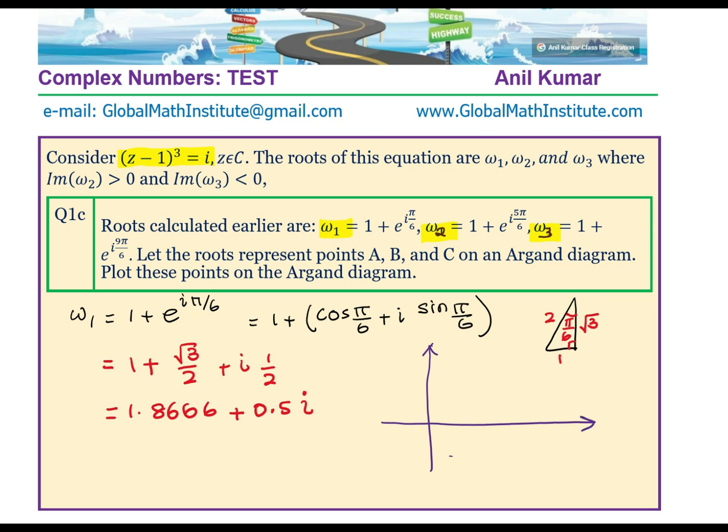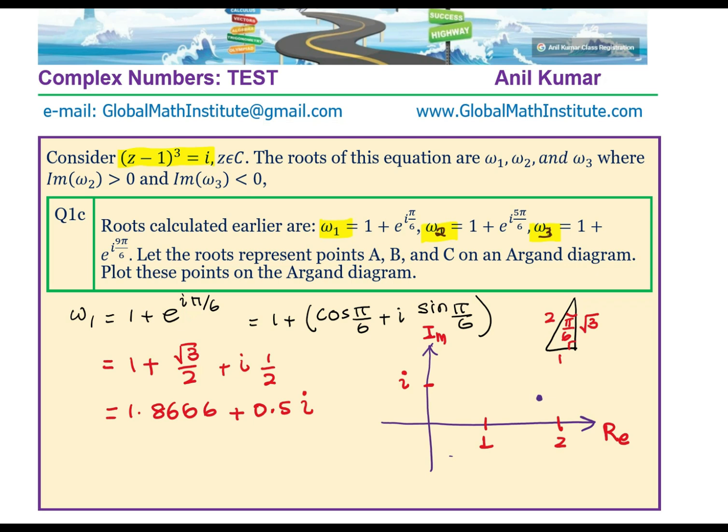So let us say the scale is, this is 1, 2 on the real side, and on the imaginary part, let's say this is our i. So 1.866 is very close to 2, and 0.5, so approximately here, correct?